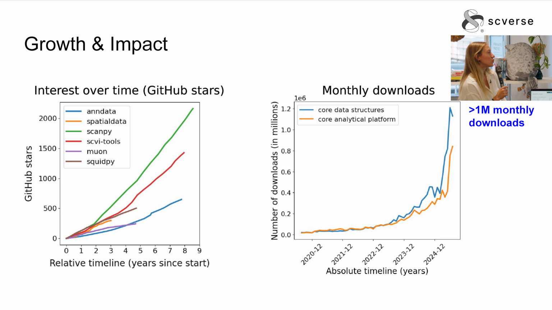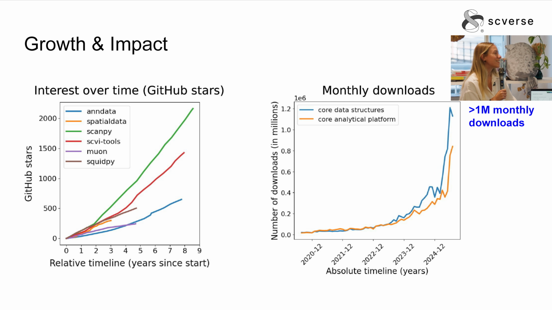Some stats, just to flex a bit, because that's necessary. I don't believe that GitHub stars are a great way to evaluate tools. That's fine, though. We don't have better metrics. So you can see our biggest one is Scanpy, of course, makes sense, the GitHub stars, and also SpatialData that is coming up, because it's a more recent addition. scvi-tools, of course, huge impact in the field.